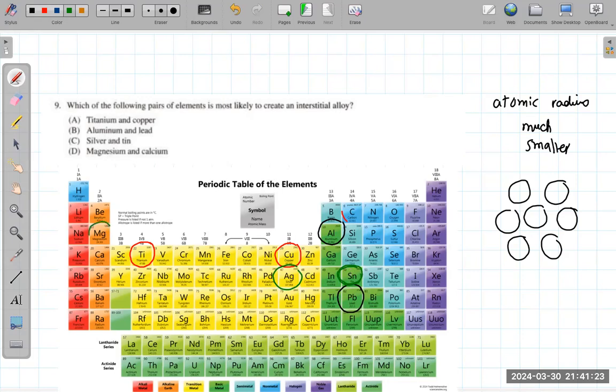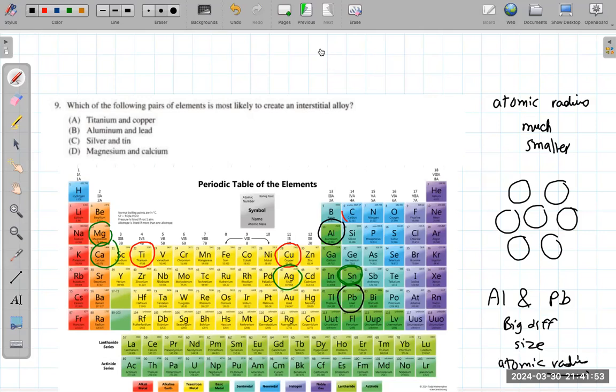Magnesium and calcium, which are also very close to each other. Okay, so I made my choice and I will ask you also to make your choice and tell me which one do you think it is? Aluminium and lead. Yes, aluminum and lead, and this is the right answer. This is the one that has a large difference in the sizes. So aluminum and lead have a big difference in atomic size, or atomic radius.